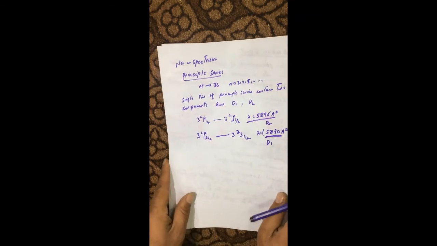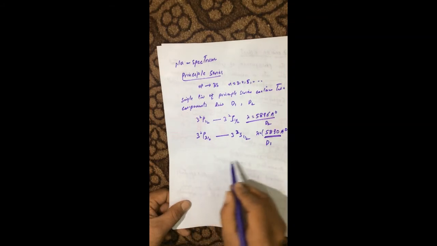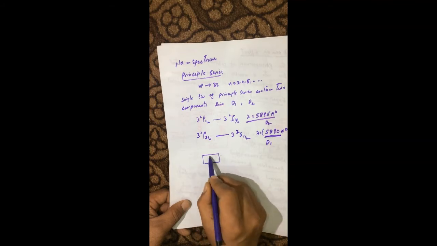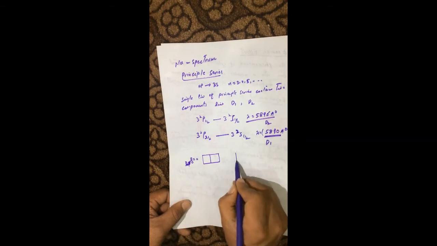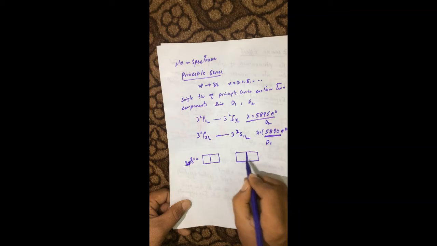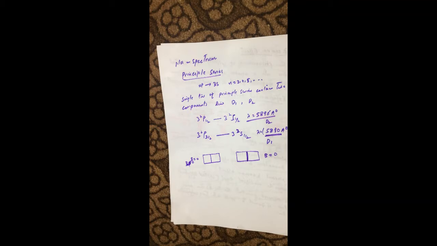Now when this spectral line passes through a weak magnetic field, suppose we have D1, which is a single line in the absence of magnetic field, when B is 0, and here we have the D2 line, which also looks like a single line when the magnetic field is 0.